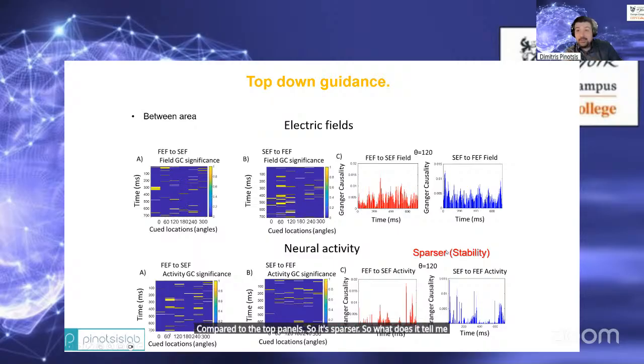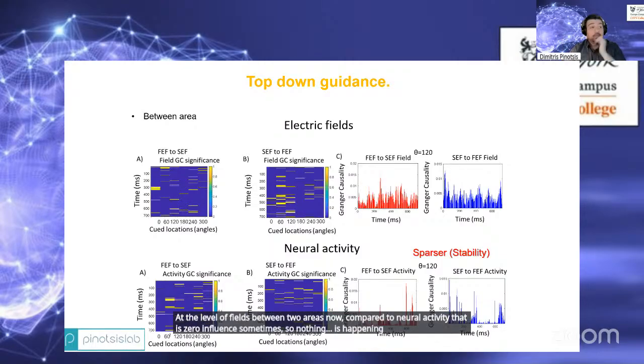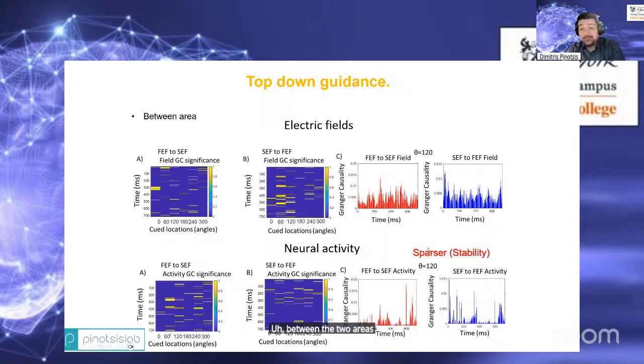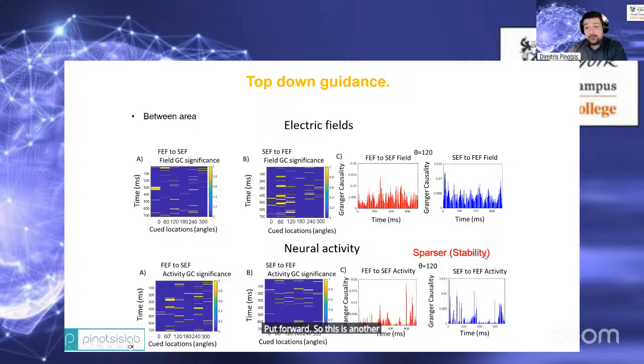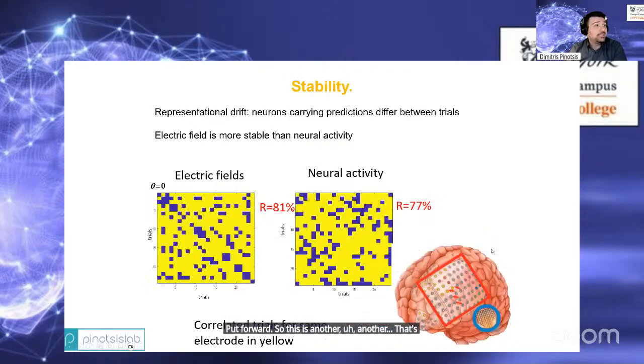It tells me again that there are more stable influences at the level of fields between two areas, compared to neural activity that has 0 influence sometimes. So nothing is happening. There's no communication in a sense between the two areas. And this is, by the way, similar to communication through coherence, this hypothesis that Pascal Fries and others have put forward. So this is another argument in favor of top-down guidance for the fields.